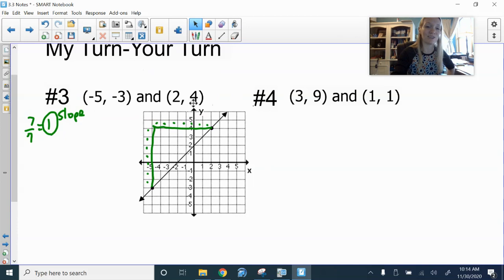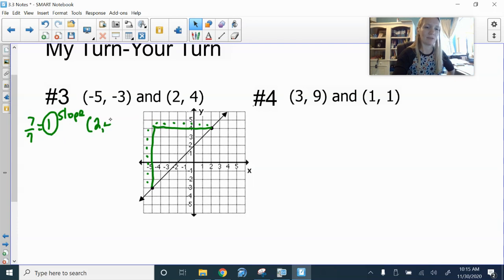Okay, so if you had done your slope formula, you would have had -3 minus 4, which would have made -7, and -5 minus 2, which would also have made -7. A negative over a negative, of course, is a positive. All right, do you want to use the -5, -3, or the positive 2, 4? Anybody care? No? 2, 4.